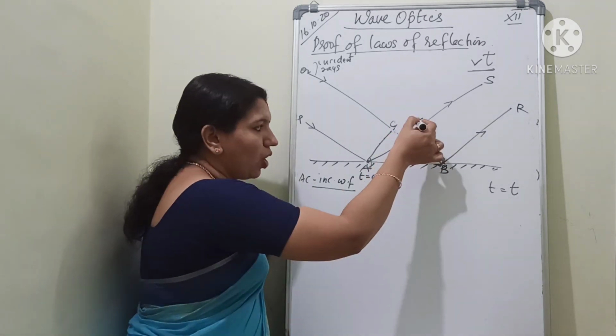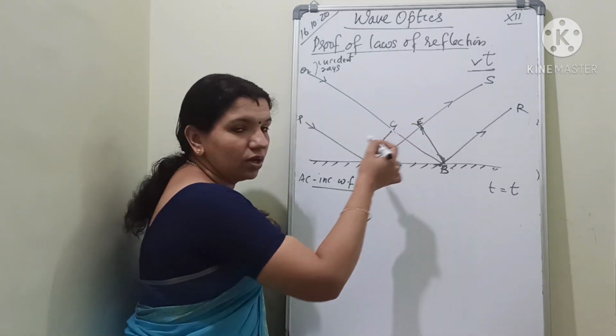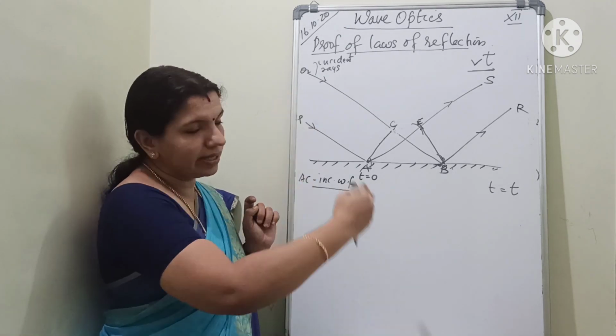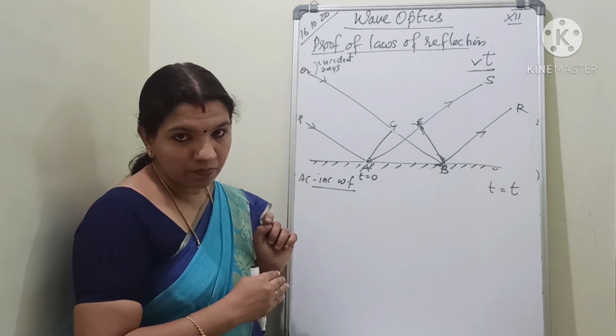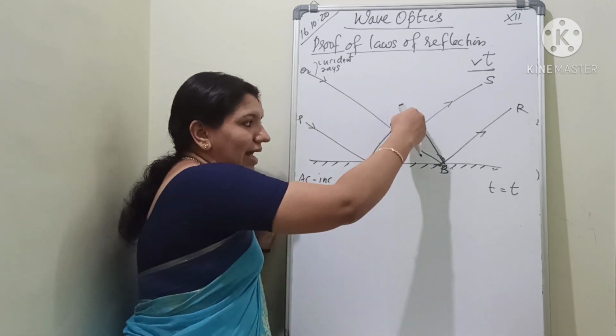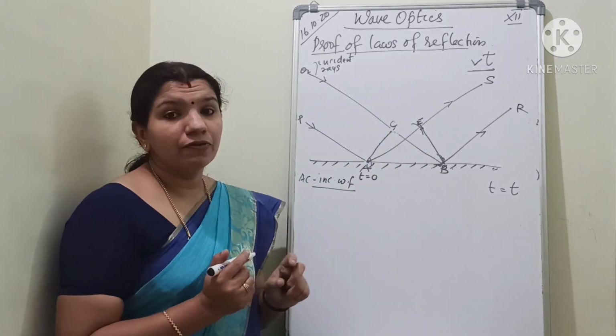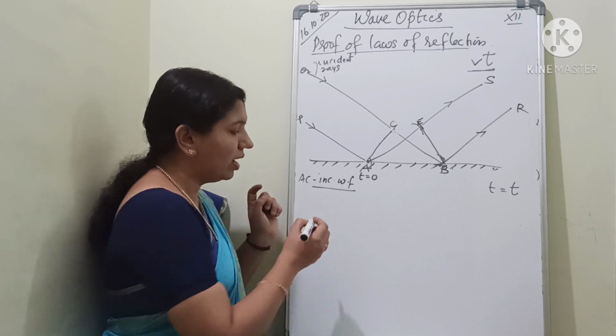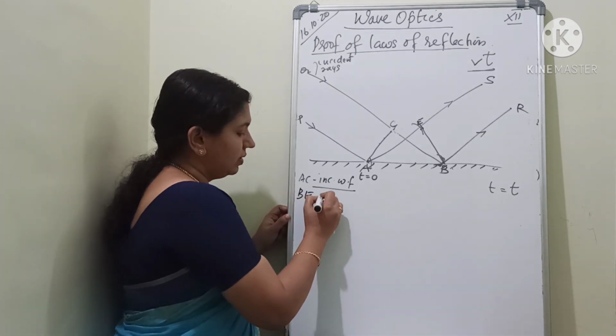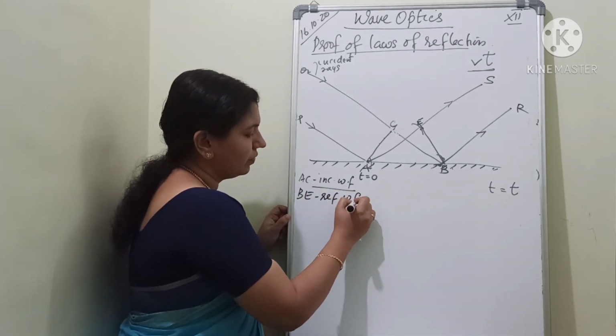Clear? Then I joined these two arcs. That means I have drawn a tangent to those points. Okay. This tangent will be the new wavefront. And this is the reflected wavefront. So here BE is the reflected wavefront.